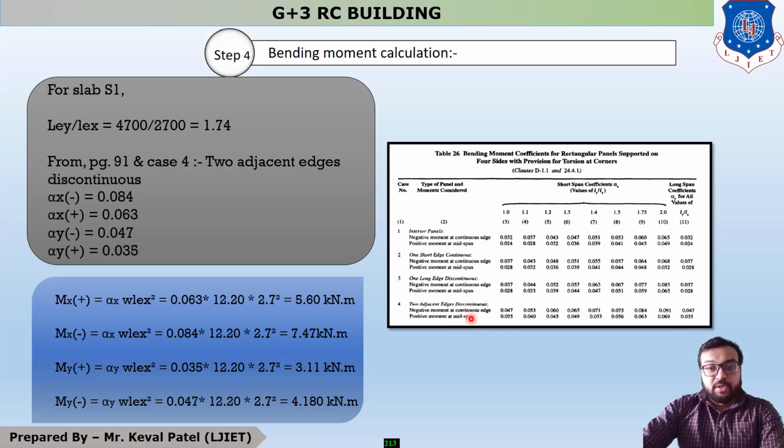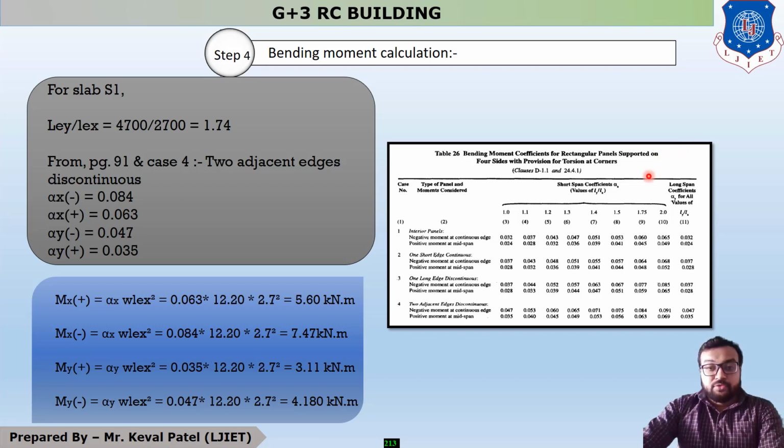But students, whenever we have to find alpha x, the value of the alpha x coefficient depends upon a ratio, and that ratio is Ley divided by Lex. In the IS code provision, it is written as Ly by Lx, but it is not Ly by Lx, it is Ley upon Lex. So the value of alpha x depends on this ratio, but your coefficient of alpha y depends on nothing.